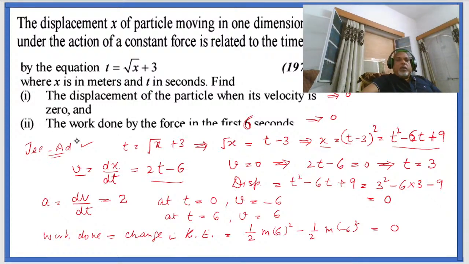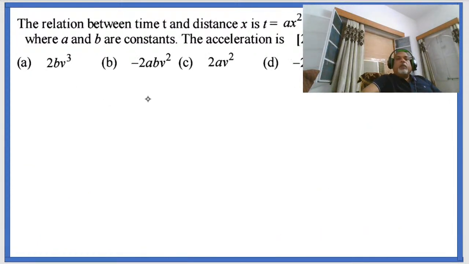So this was the IIT level question, but it's a simple question. Likewise, in JEE Mains also, you will find the questions. Now next question is the relation between time t and distance x is t is equal to ax square plus bx, where a and b are constants.